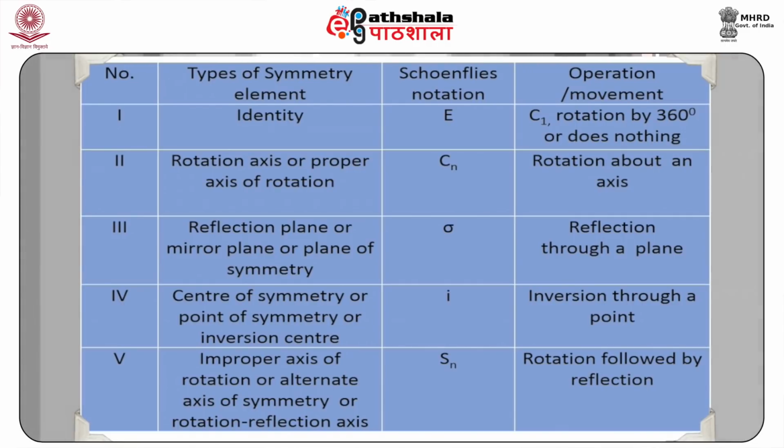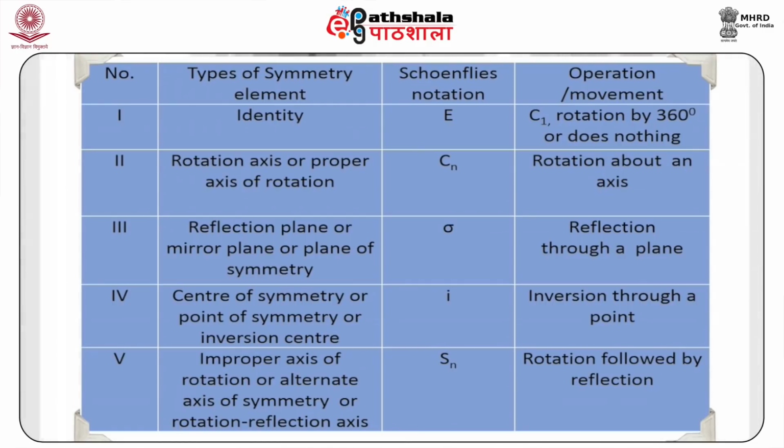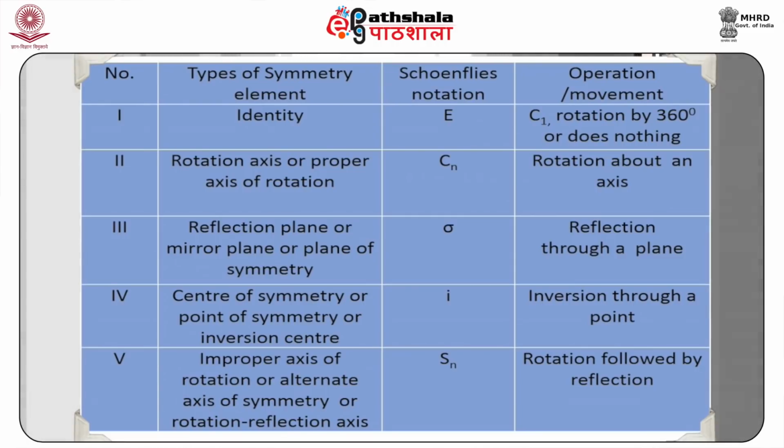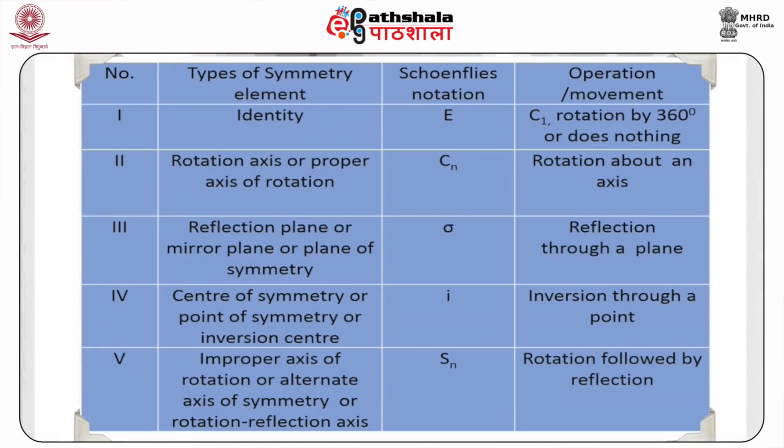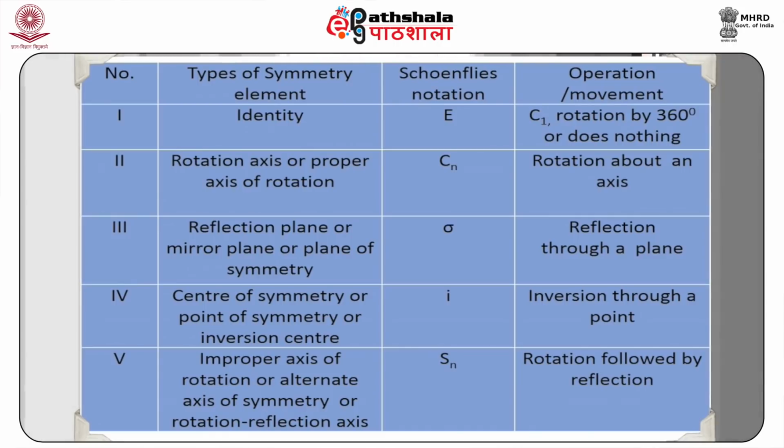C1 means cyclic rotation by 360 degrees, or indirectly you can say in this object we do not have any symmetry elements present. So, presence of identity demands the existence of the object.